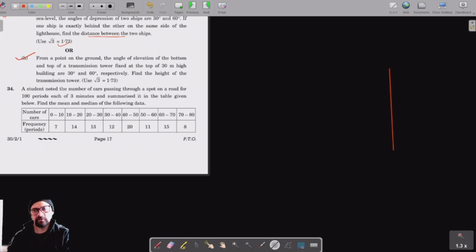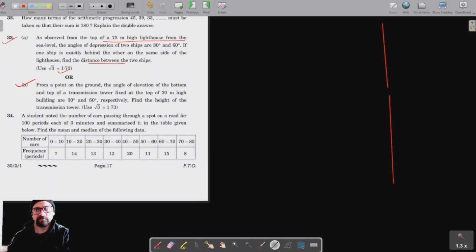So let's say this is the 30-meter high building, and on top of this, we have fixed a transmission tower. So this is the height of the building, which is 30 meter.